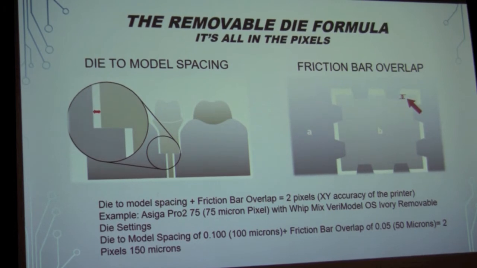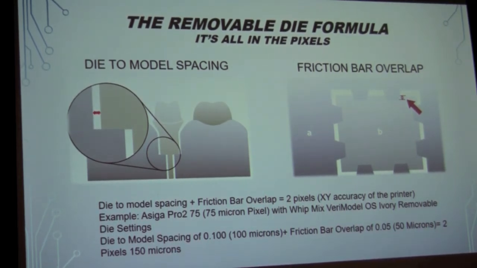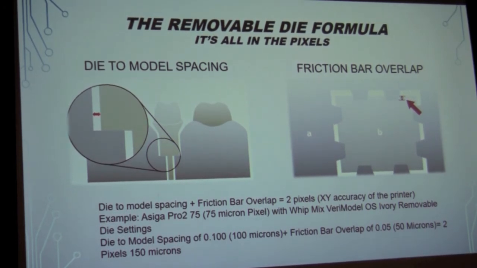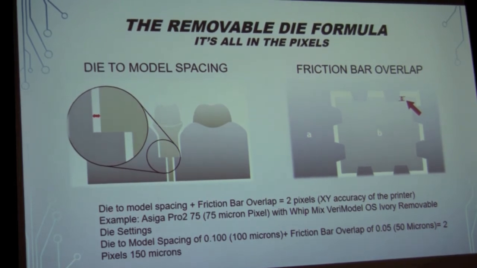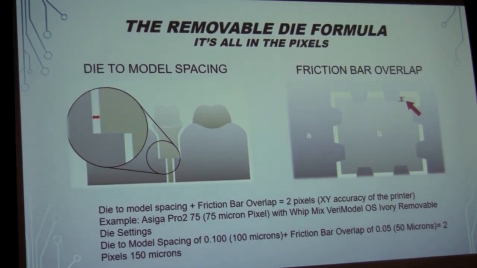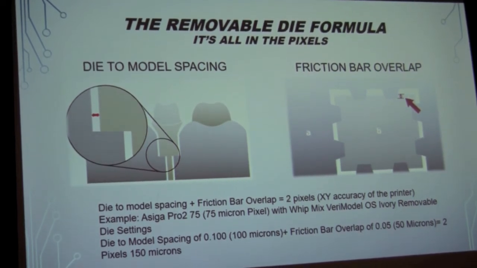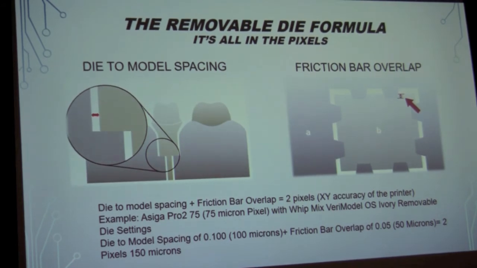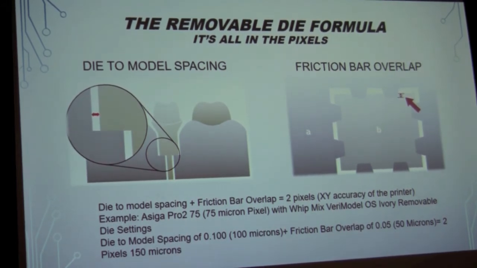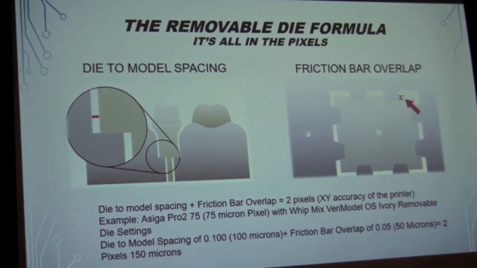The reason is that when the objects are being sliced, the software tells the projector what pixels need to be on. If that distance is less than 1 pixel, you won't print friction bars. You'll look down that channel and have no friction bars at all, because the slicing software wasn't able to achieve that. That's why I like to go with 2 pixels.